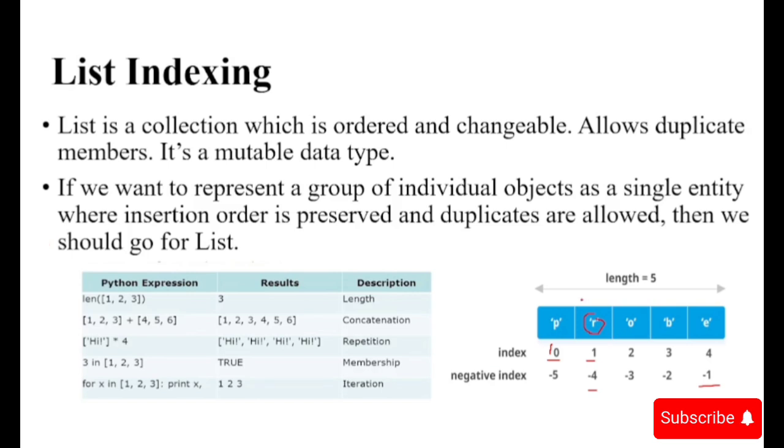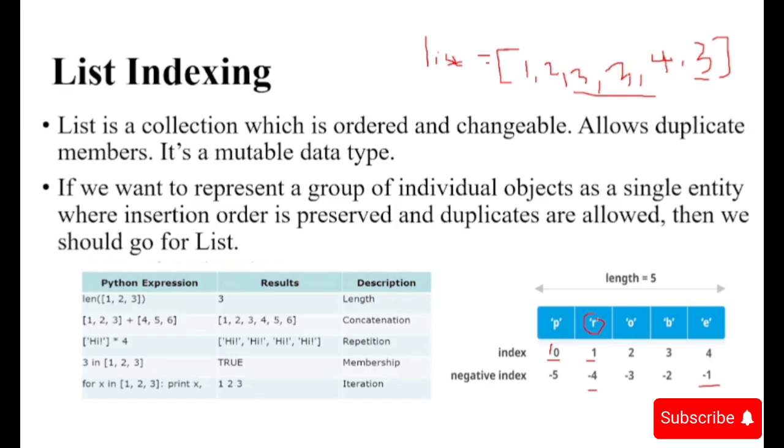For example, let me define a list L. I can have 1, 2, 3, 3, 4, and then 3. So here I am able to have multiple duplicates of the value 3. So it allows duplicates.